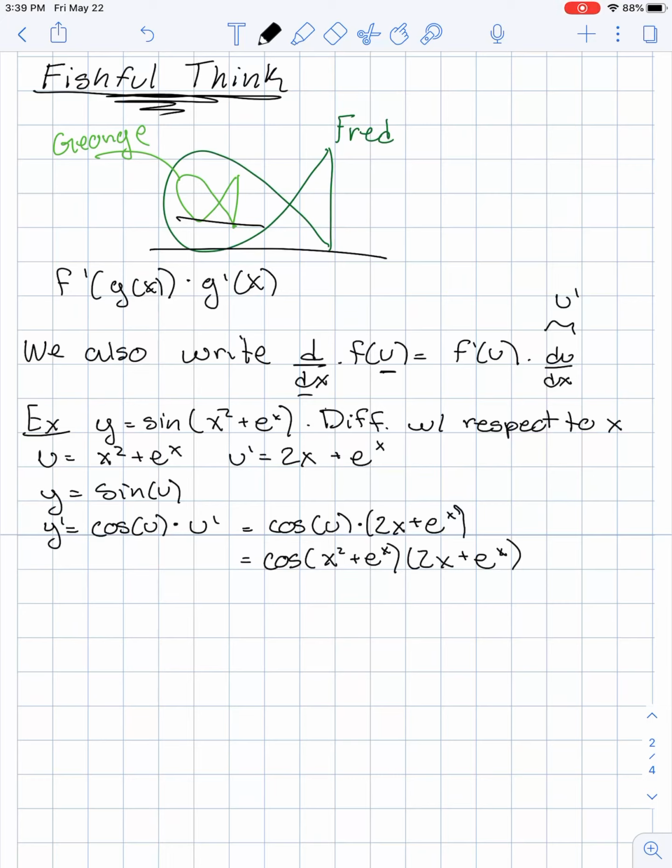After practice, you guys will hopefully be able to not have to use u and you can kind of see it, but sometimes I like to just rewrite a function still today if I'm taking derivatives to really separate and make sure I can see my chains, if I have to use chain rule.